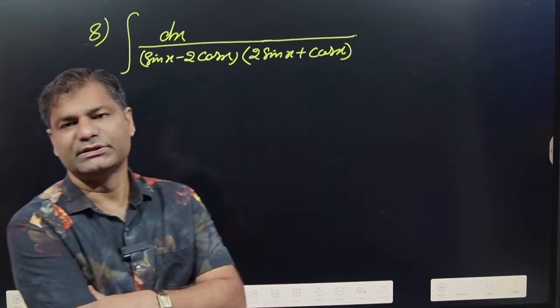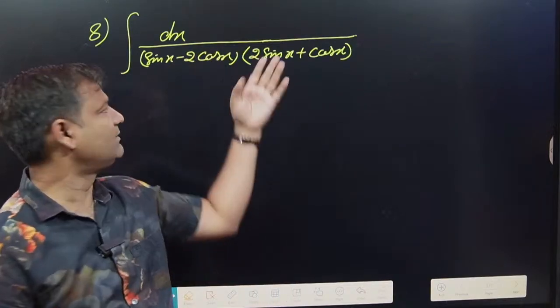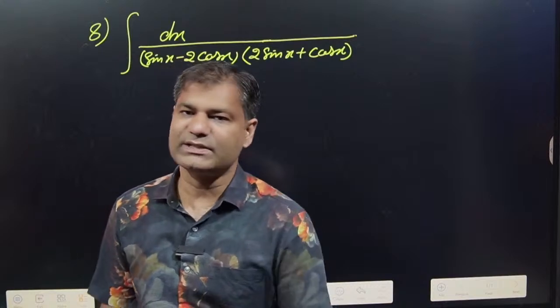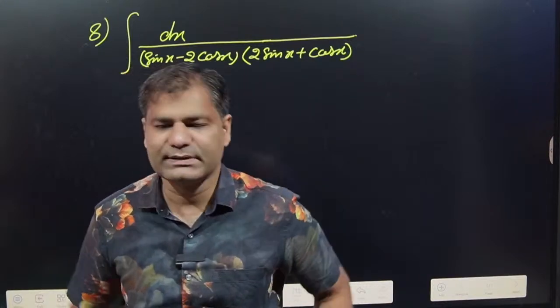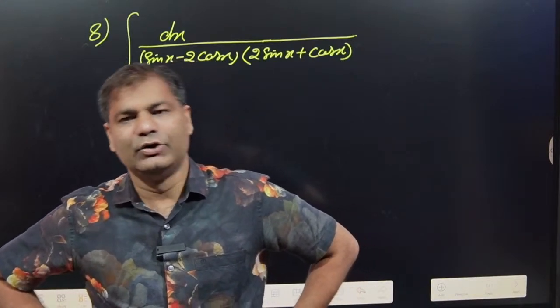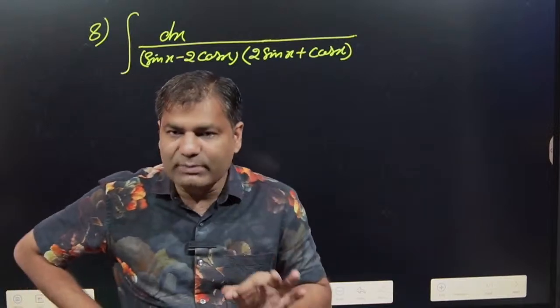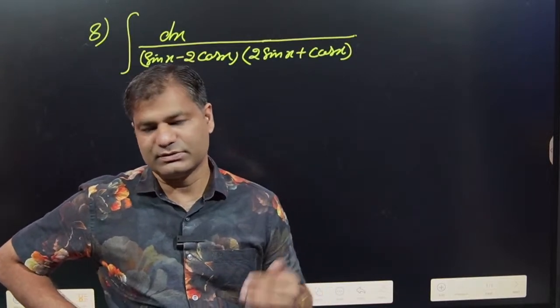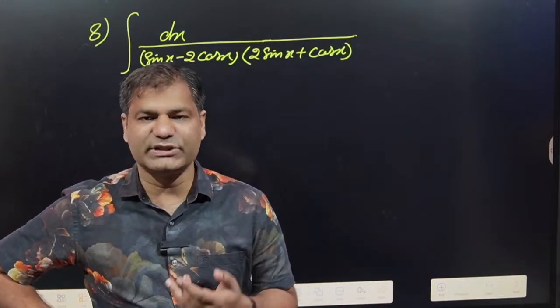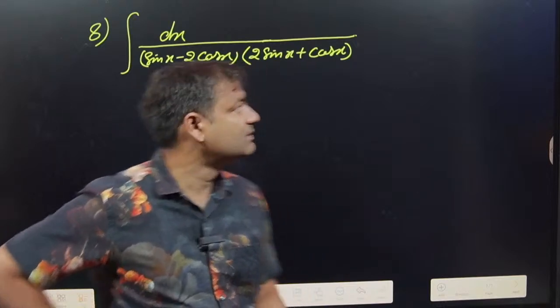Simply, this question is given, so you can do it here. The highest power is 2. If we multiply, then we get highest power 2, sin square x or cos square x. So simply numerator and denominator divide by cos square x or sin square x.